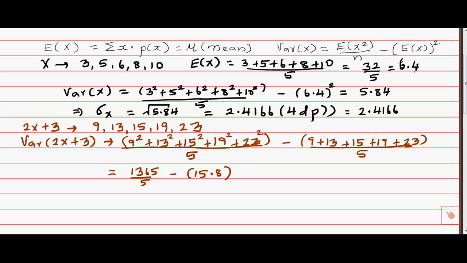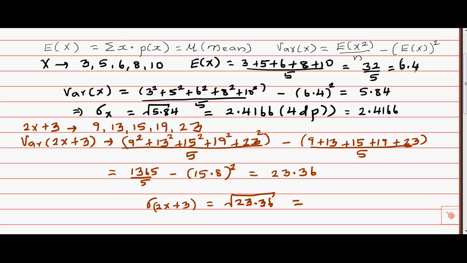That's what we checked in the first part. So this is 1365 over 5 minus 15.8 squared, and that came to 23.36. And so we can say the standard deviation of 2x plus 3 is the square root of this number, 23.36.